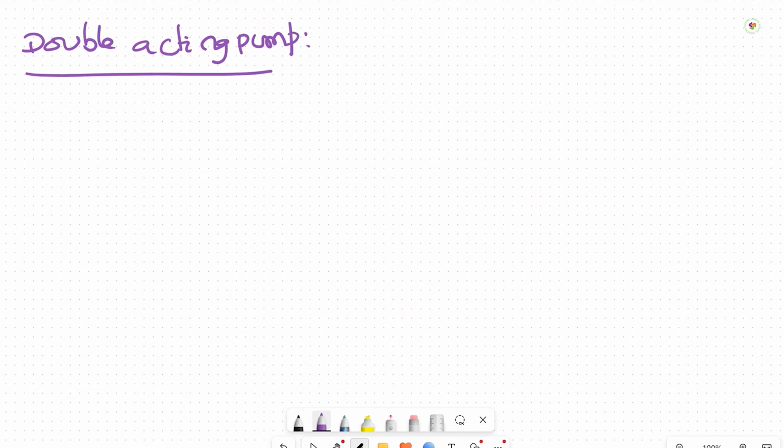Suppose you take a double acting pump. I told you that in the double acting pump, the liquid is in contact on both sides. See how I am drawing, because drawing the figure is very important.